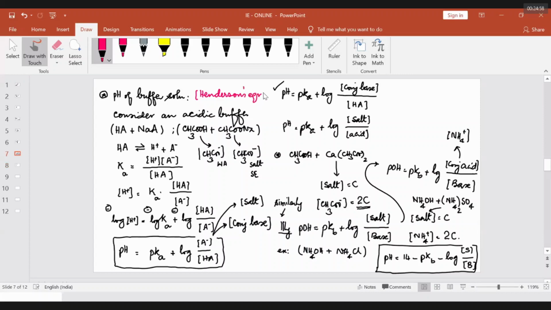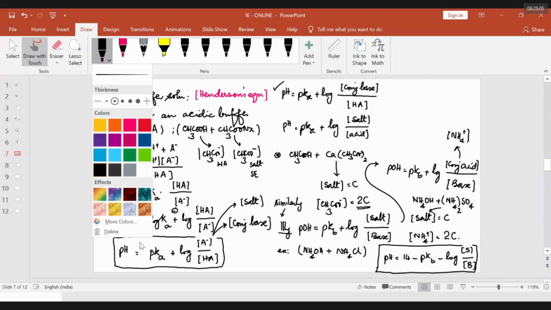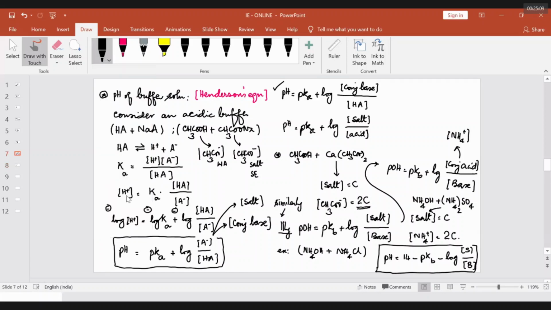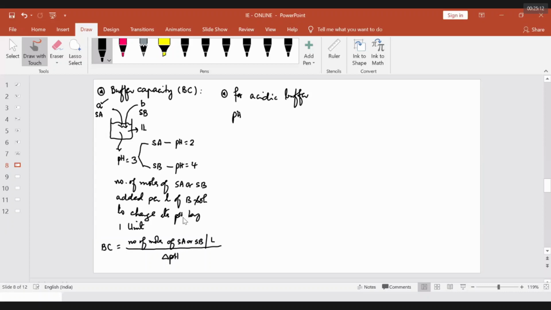Nowadays, no one is asking you names. That is a 1947 love story. Today's modern fashion is why and how. IIT means, NEET means why and how. pH is equal to pKa plus log of concentration of salt by concentration of acid. Be careful, you should know the meaning of salt properly.